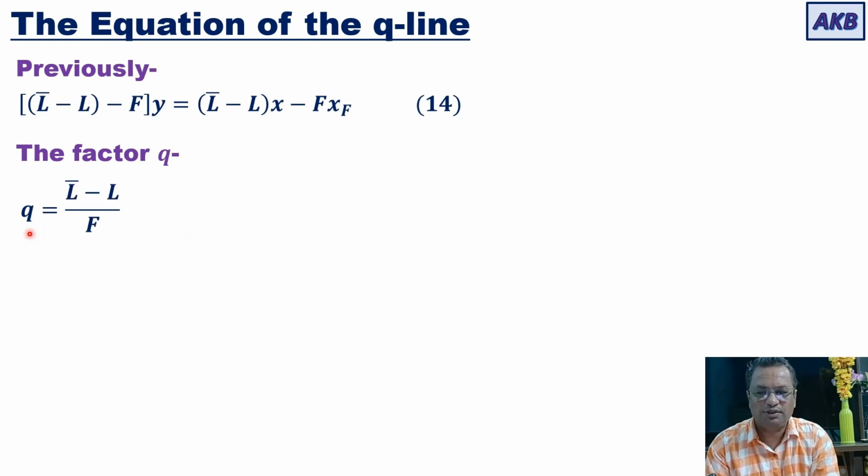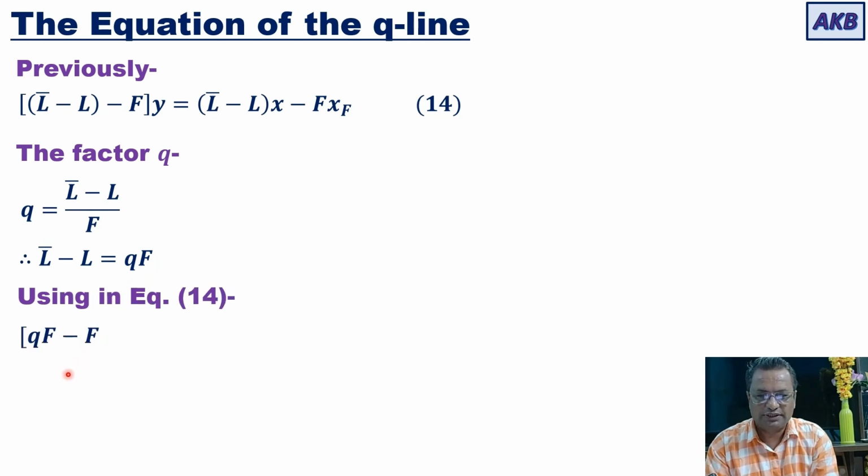At the beginning we understood Q is L bar minus L upon F. So that means L bar minus L is Q into F. So my next task will be, I will be replacing L bar minus L in equation 14 with Q into F. So if I use it in equation 14, it will be QF minus Q into Y is equal to QFX minus F into XF.